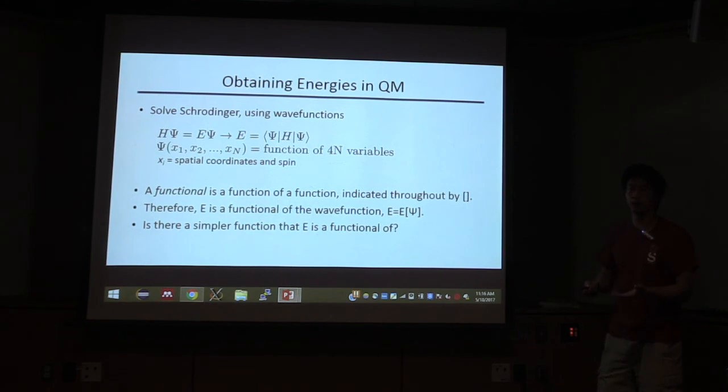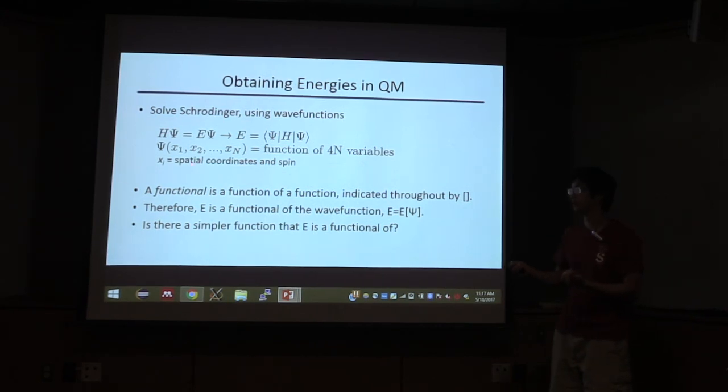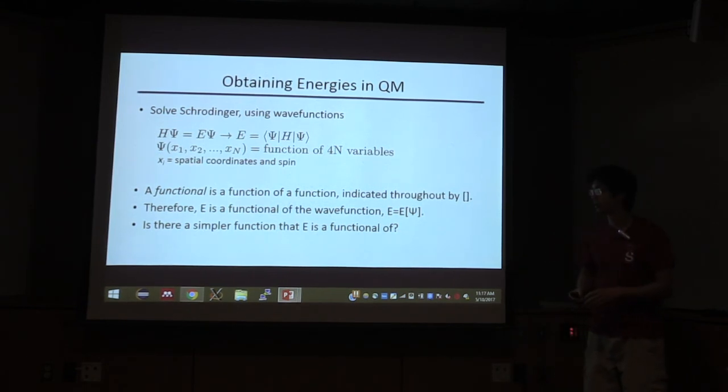It's also complicated in that for a system of n electrons, the wave function is a function of 4n variables. For each electron, you need to indicate spatial coordinates, x, y, z, as well as spin. So the larger your system gets, the more complicated your wave function becomes.